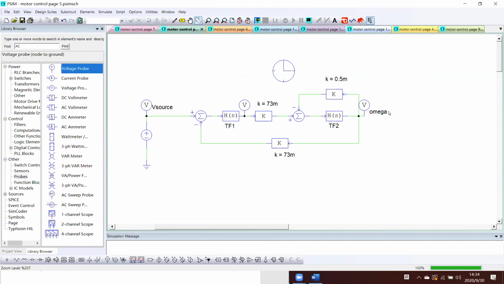For this part, we start with our mathematical model.